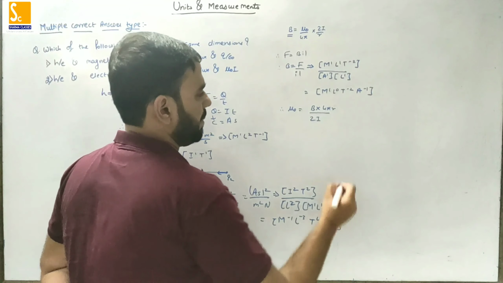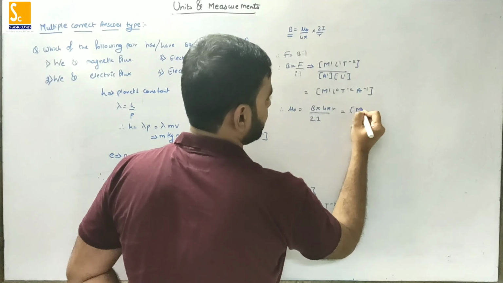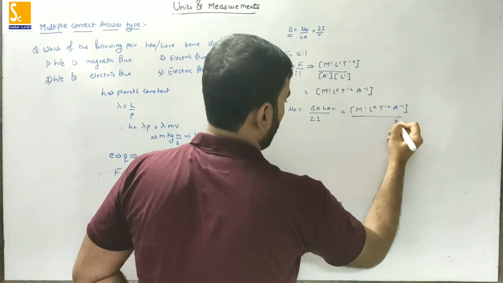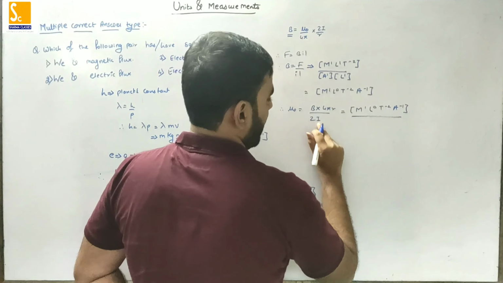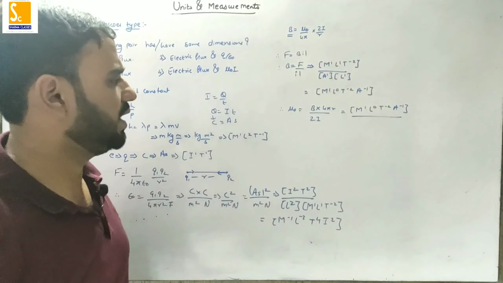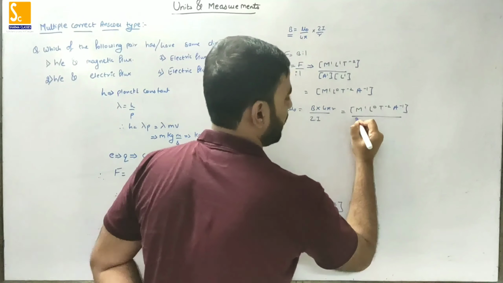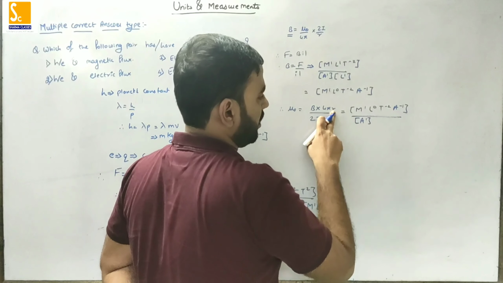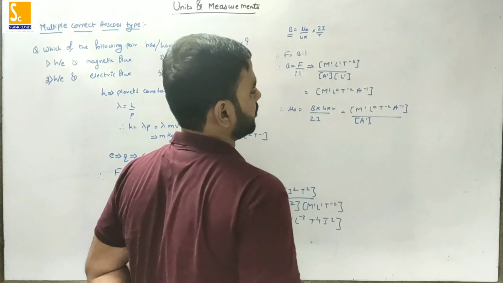Correct? So the dimensional formula for B is M raised to 1, L raised to 0, T raised to minus 2, and A raised to minus 1, upon 2I. SI unit of, see, this is current. We know that SI unit of current is ampere. So the dimensional formula for the ampere is A raised to 1. And over here 4 pi is a dimensionless constant.